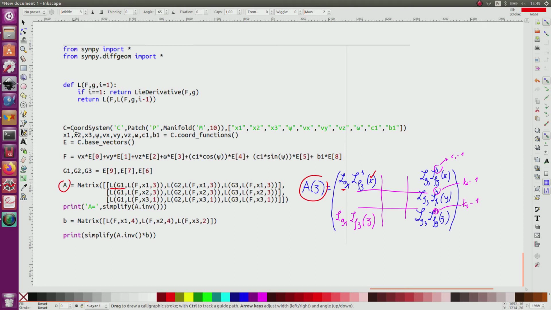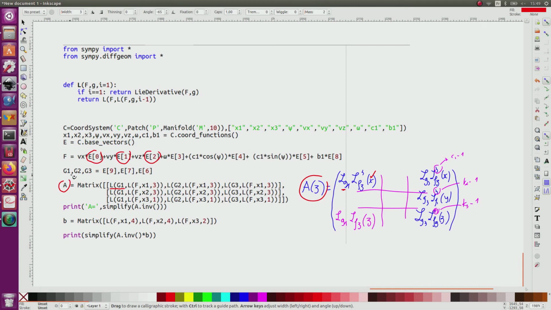For this I had to create in Python using SymPy the coordinate system, because all fields will be in this space, which corresponds to the state space. So x1, x2, x3, which correspond to x, y, and z, the heading, the speeds, rotational speed, and the integrators c1 and b1. I create my coordinate functions, so I need my field and I also need the coordinate functions. I create my main field f corresponding to the dynamics when the inputs are equal to 0. They are given here, and expressed with respect to the vector fields of the canonical bases.